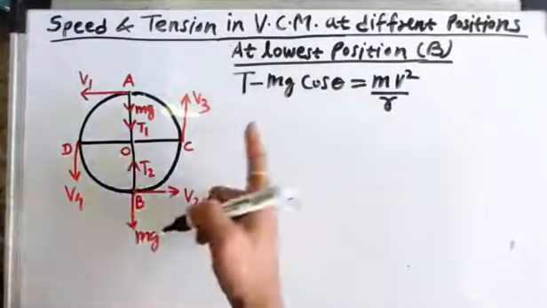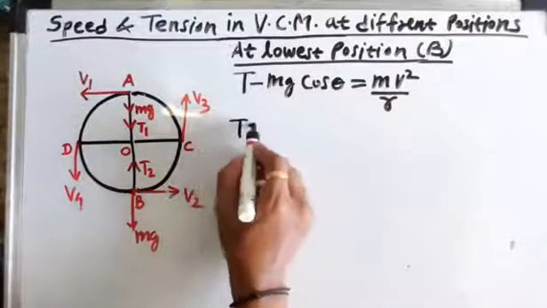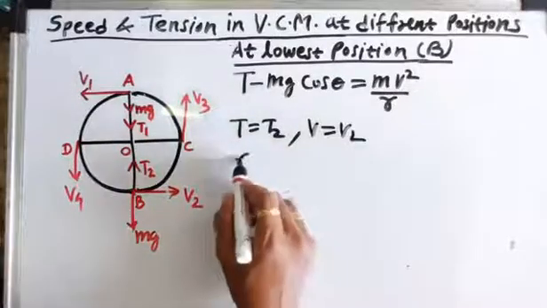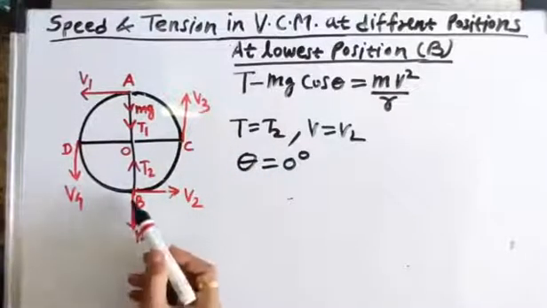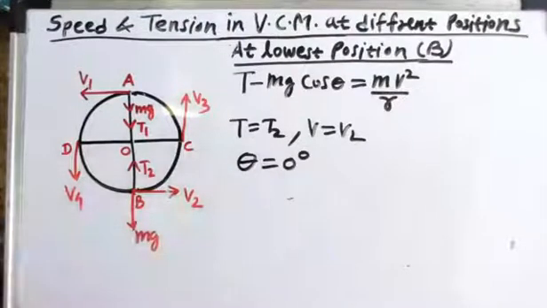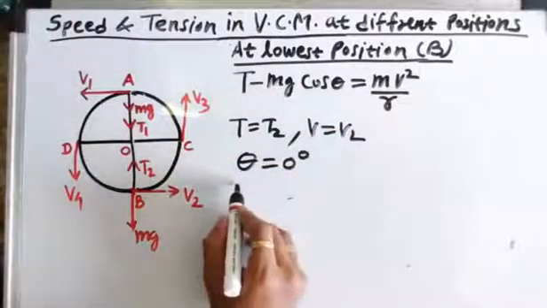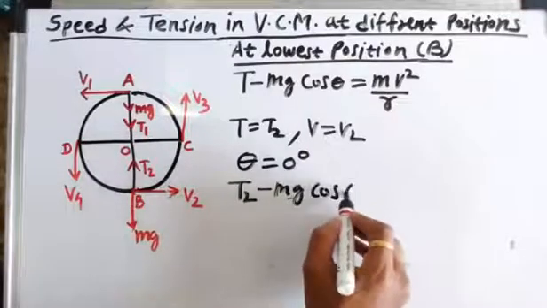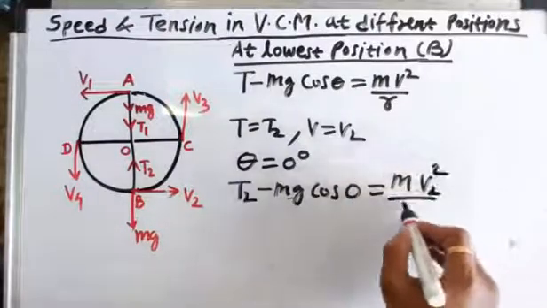So from this figure, we are talking about the lowest position B. We can see here T is nothing but T2, V we have assumed as V2, and theta is going to be 0 degrees, because we have assumed the particle starts from the lowest position, that is point B. Now substituting these values in this equation, we get T2 minus mg cos 0 equals m V2 square upon r.